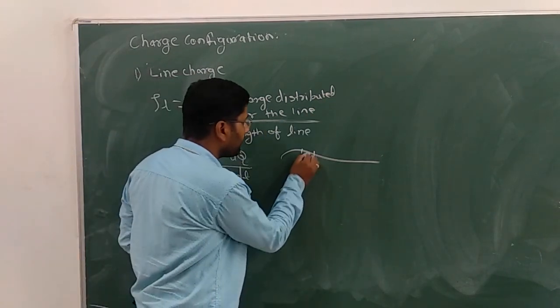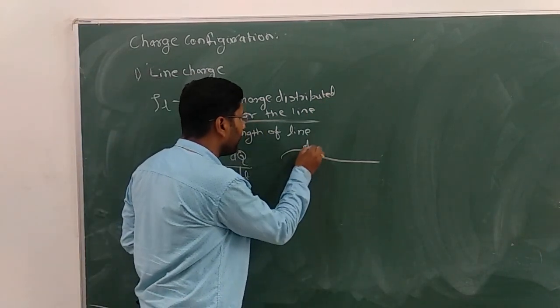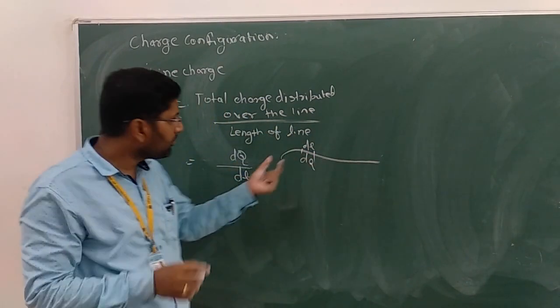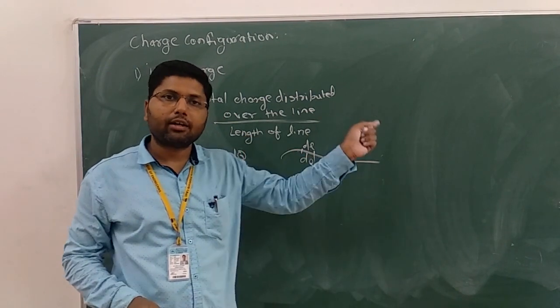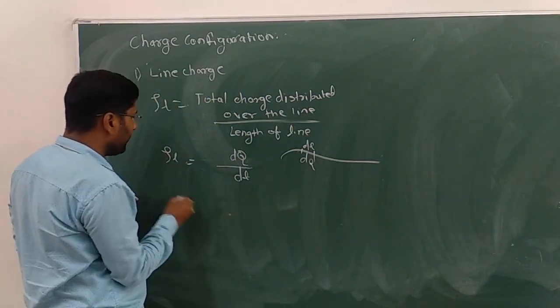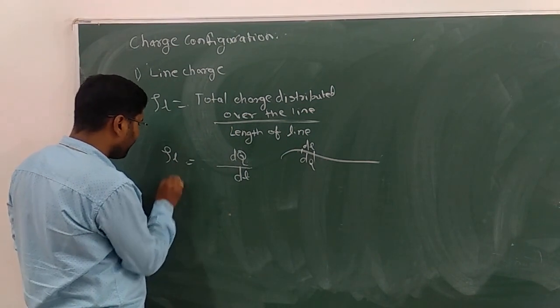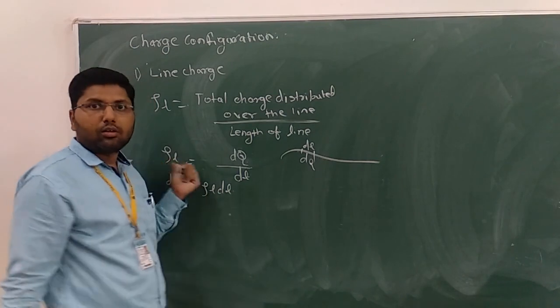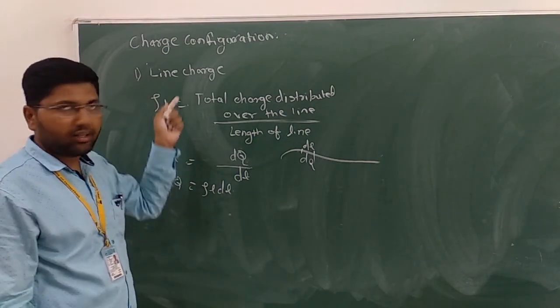So we take dq and dl, where dl is a small part and dq is the charge distributed on the small part, and we will integrate after that. So rho L is given by dq over dl, so dq is given by rho L dl for the line charge.